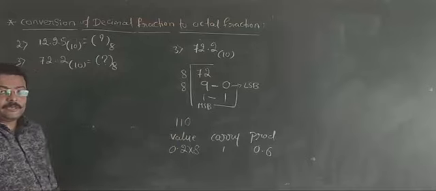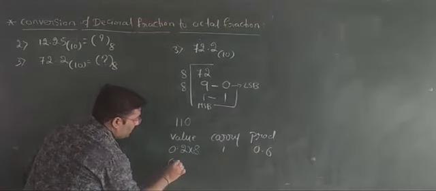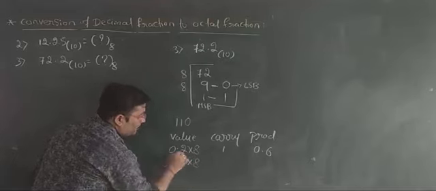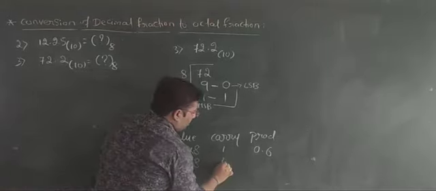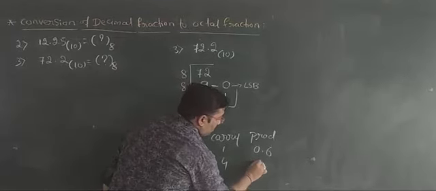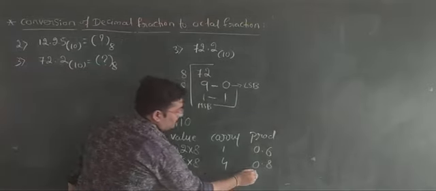Again repeat step 1 until the fractional part becomes 0. So 0.6 into 8 means the carry is 4, product 0.8, and it goes on.